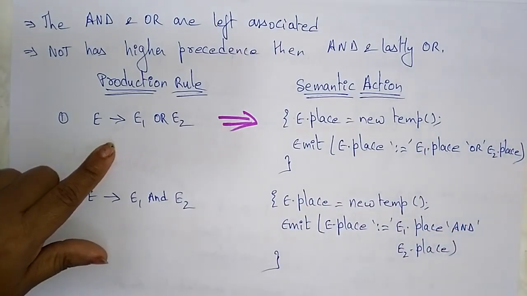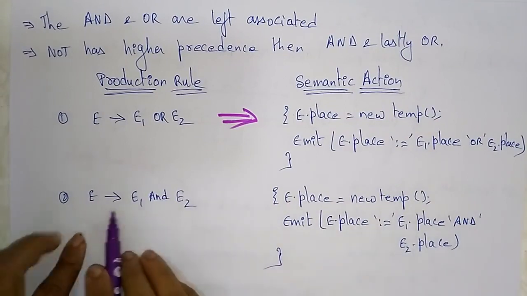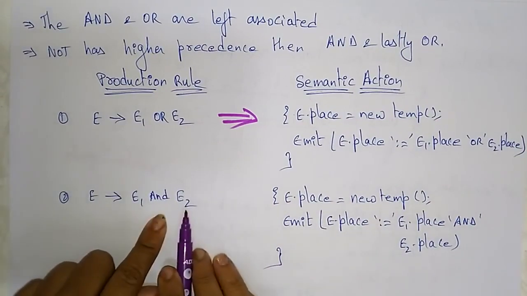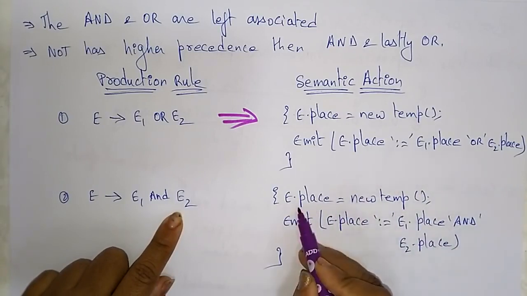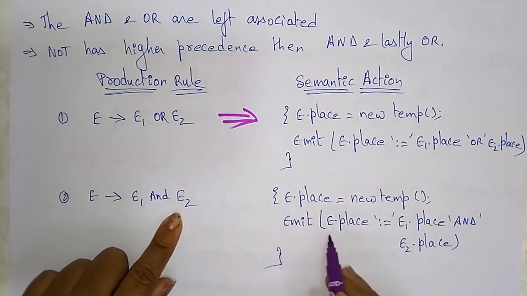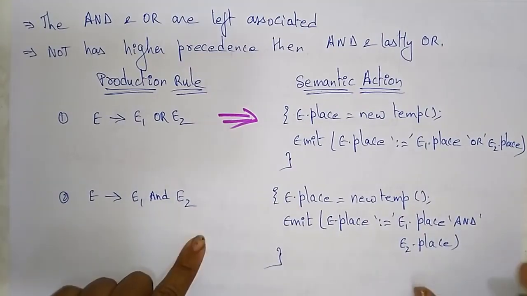Just like the translation of assignment statements you have just seen, where we had plus and into, here instead of plus and into you are taking OR and AND. Okay, so E derives E1 and E2 means E dot place is equal to a temporary variable, and emit means generate a 3 address code for E1 dot place and E2 dot place.